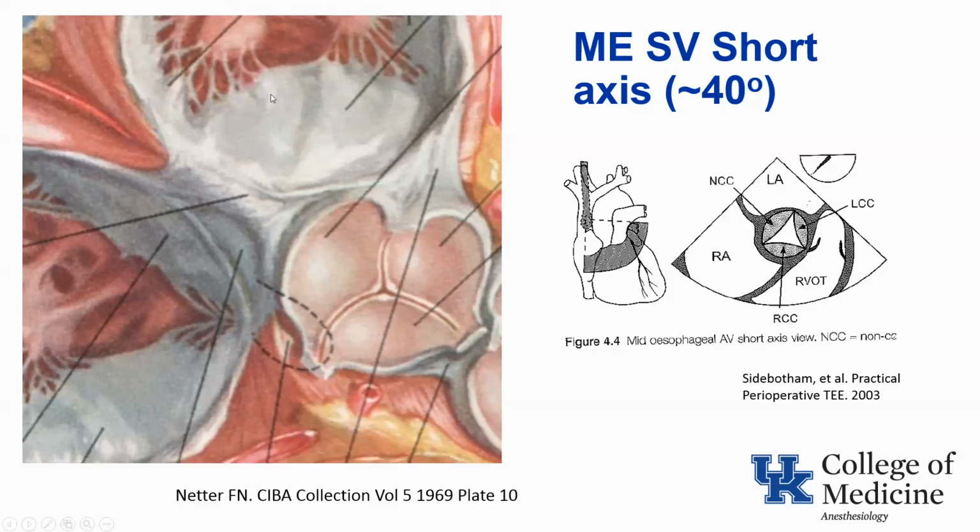What we do see is the left atrium behind the right atrium over to the right, and the right ventricular outflow tract in the front. Notably, though, we see clearly the three leaflets of the aortic valve. The one in the front is the right coronary cusp, the one left posterior is the left coronary cusp, and the right posterior is the non-coronary cusp.